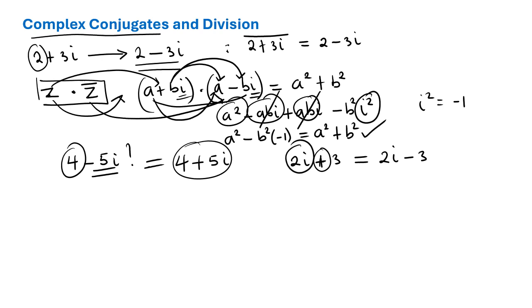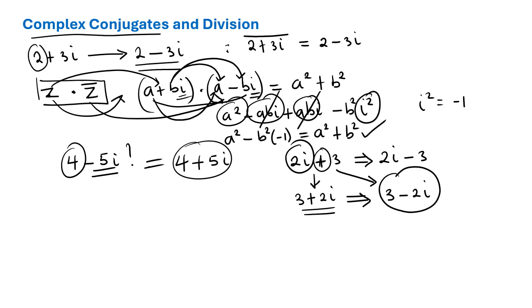The imaginary part is actually 2i, which means this expression can be rewritten as 3 plus 2i. Once you have it written this way, you see that the complex conjugate will not be 2i minus 3. It will be 3 minus 2i. So this will be the complex conjugate of what you had here. I just wanted you to be very careful about how you look for your complex conjugates.